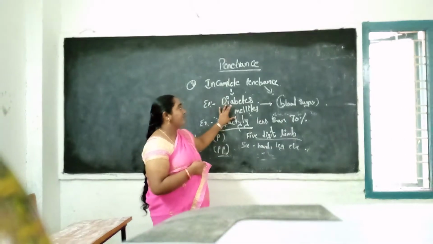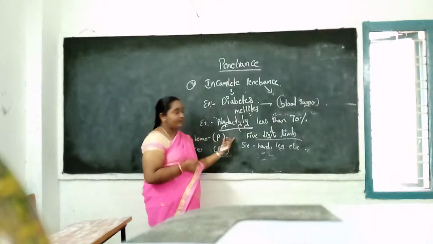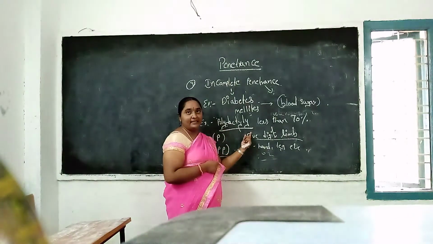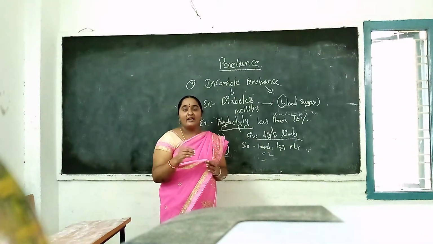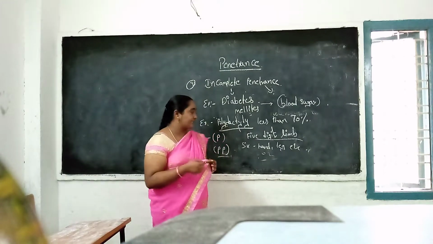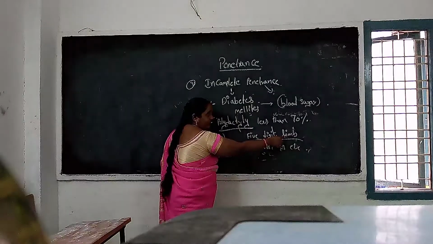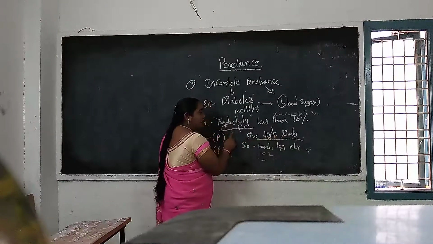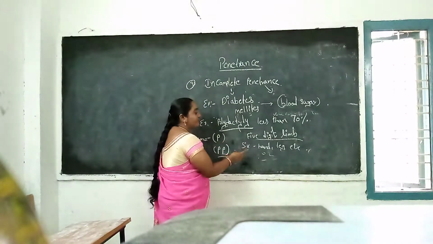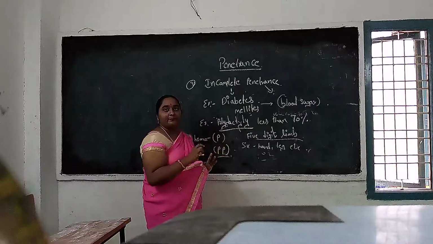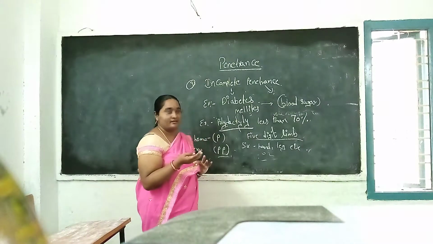The best example is diabetes mellitus. In polydactyly, a human naturally has a five-digit limb, but polydactyly affects homozygote and heterozygote conditions and forms a six-digit limb, on the hands or legs.